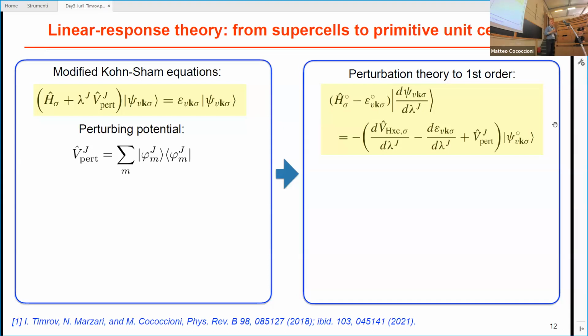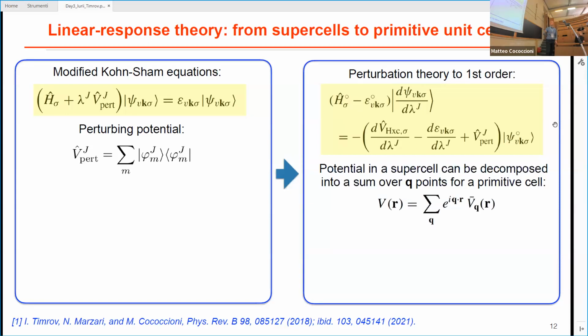We end up with this first order equation, where the psi over the lambda are first order variations of the wave functions due to the perturbation. We can call them response wave functions. And this is the response Hartree exchange correlation potential, and the response of eigenvalues. This is an analytical expression, which is implemented in Quantum ESPRESSO and can be used in place of this modified Conjugate equation.